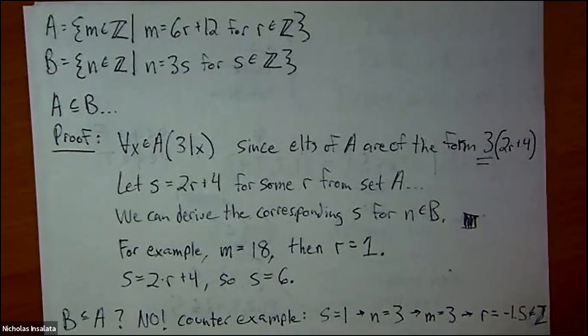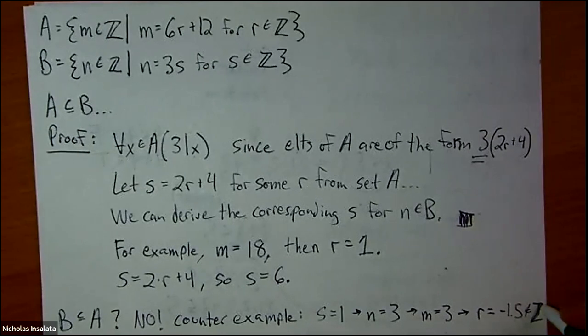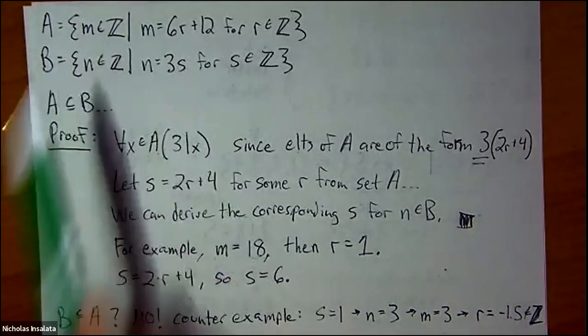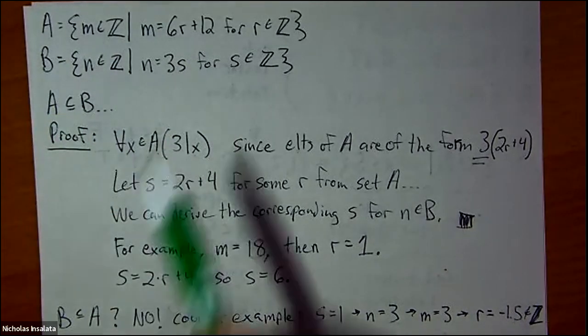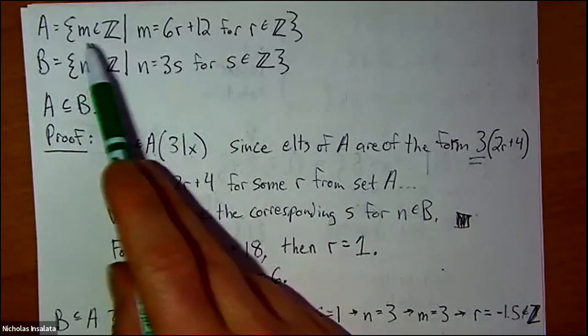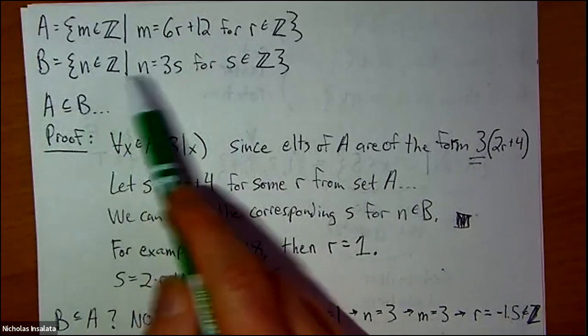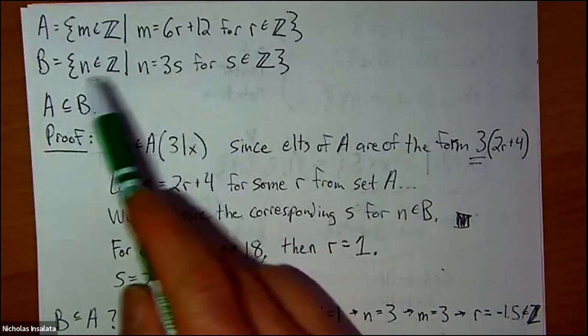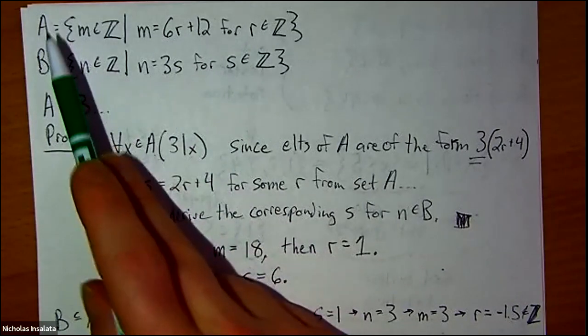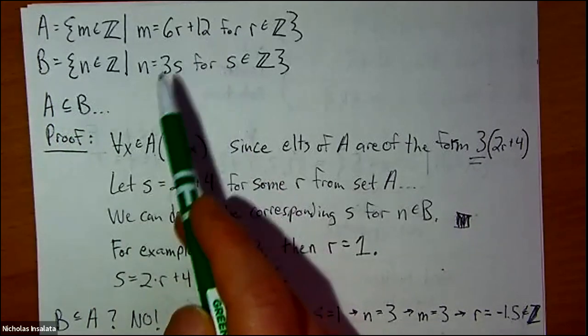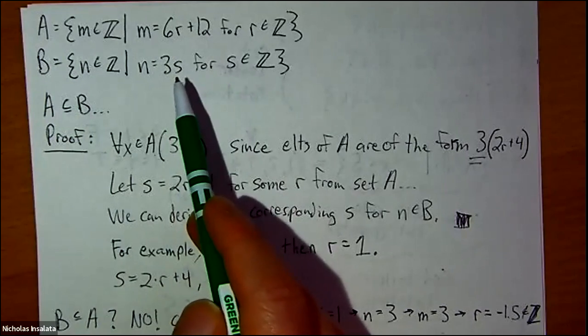Negative 1.5, which is not an element of the integers. So that's kind of a crappy Z. Let me fix that. There we go. Negative 1.5 is not an integer, so it would not be an element of A, right? And you can kind of see that here. A is all the integers that are divisible by 6. B is all the integers that are divisible by 3. So A is a subset of B because the elements that are divisible by 6 are all contained in the set of elements divisible by 3.